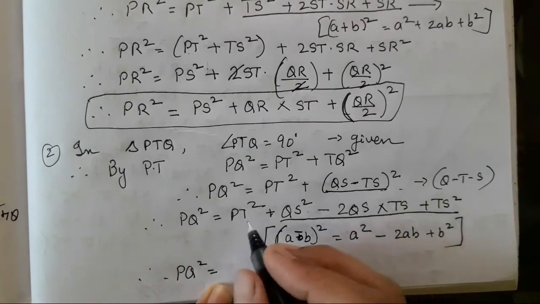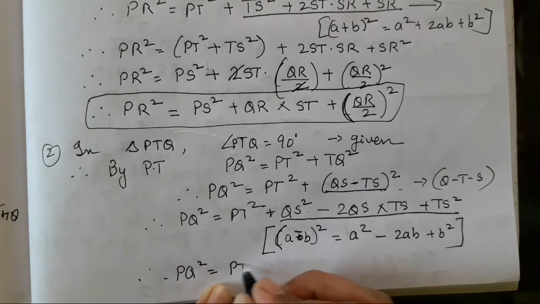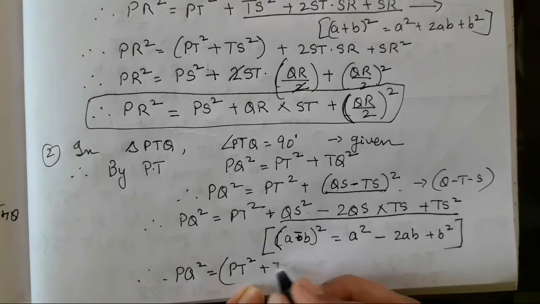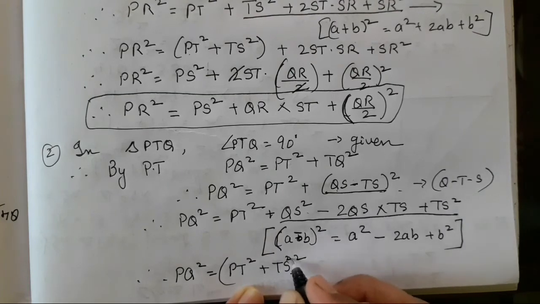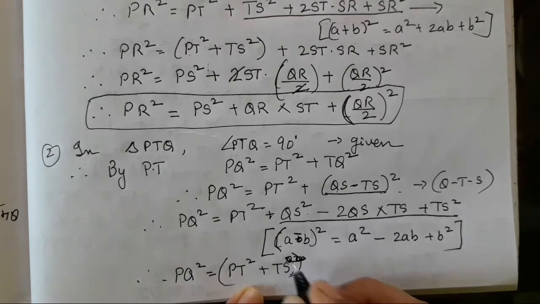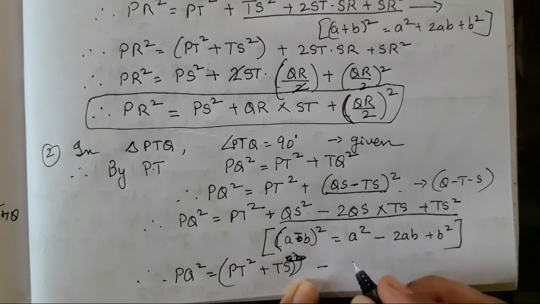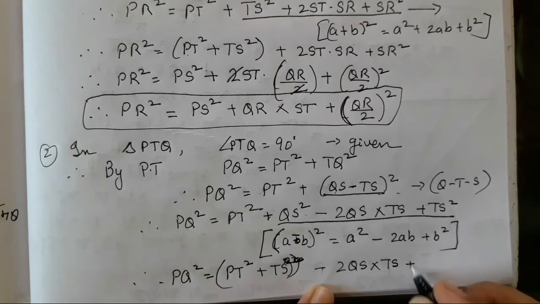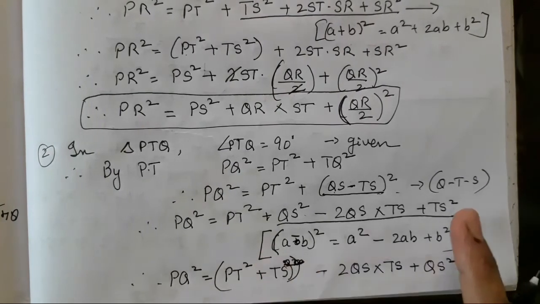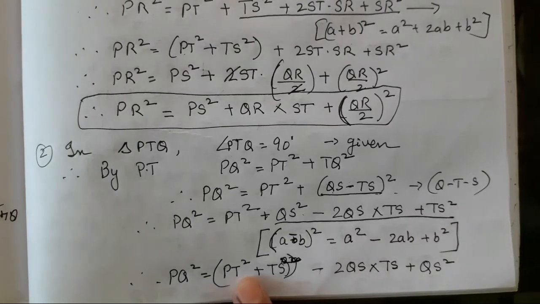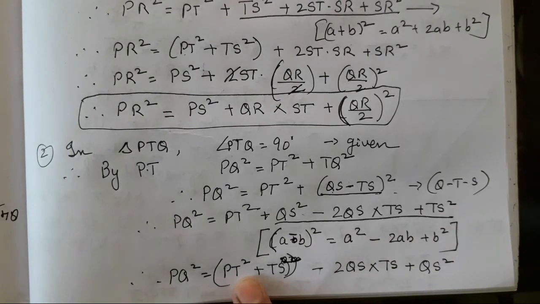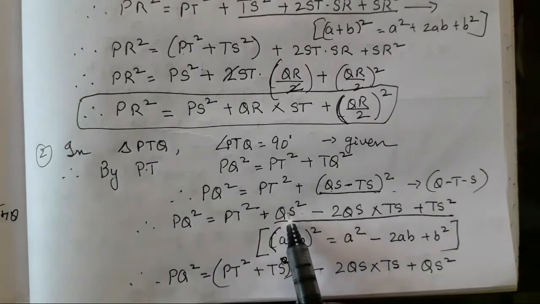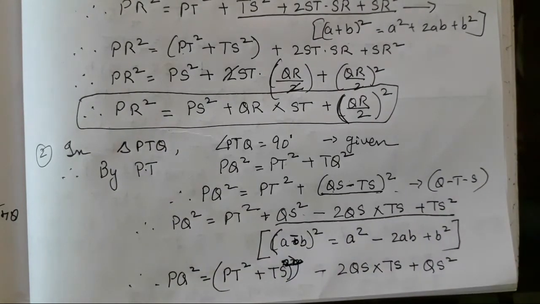Now these together we will take, that is PT square plus TS square, inside only we will take it, minus the remaining, that is 2QS into TS plus QS square. So I have taken TS square into this bracket because in the question we have to prove it. So you all have to use the logic also. You all have to just change the places. QS, I am changing its place and writing it over here.